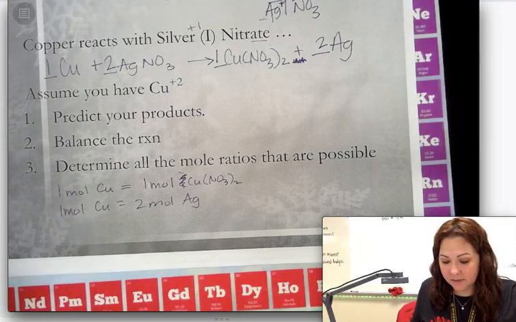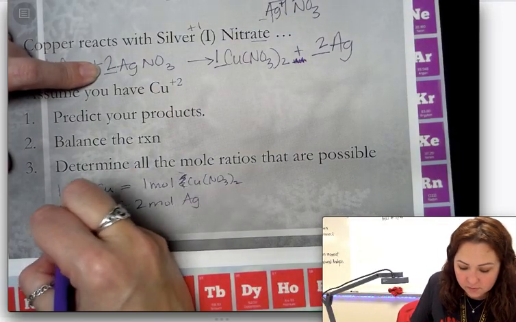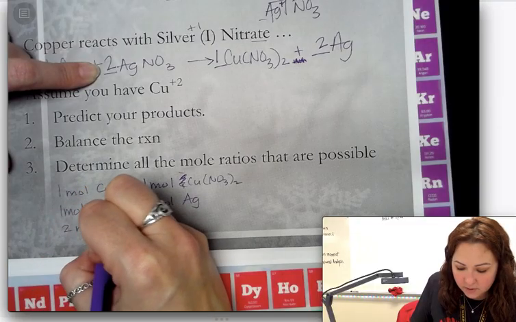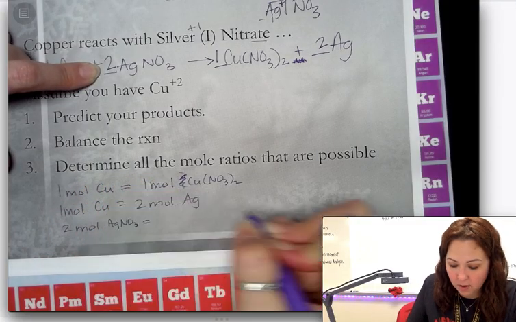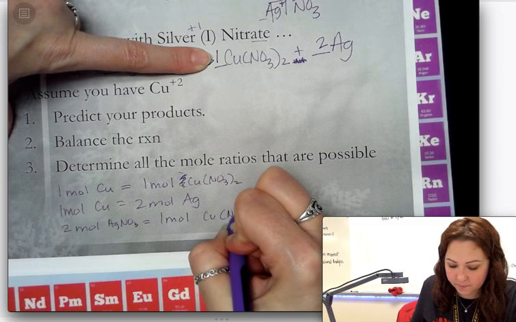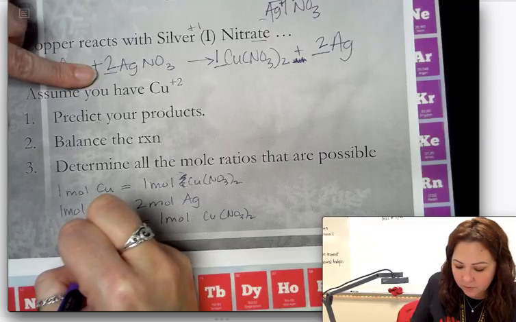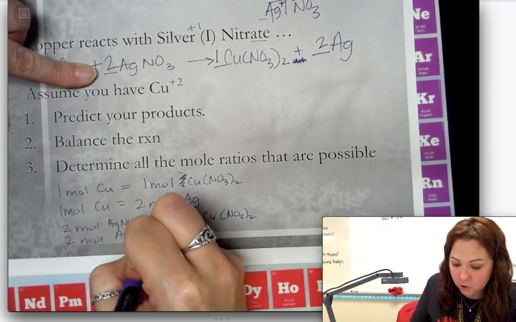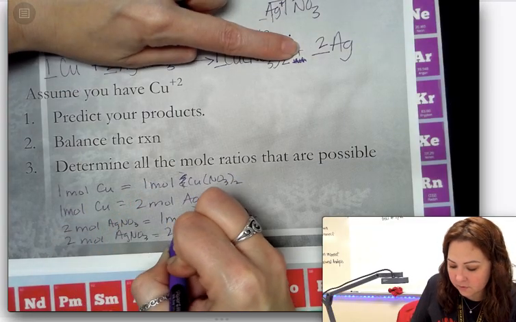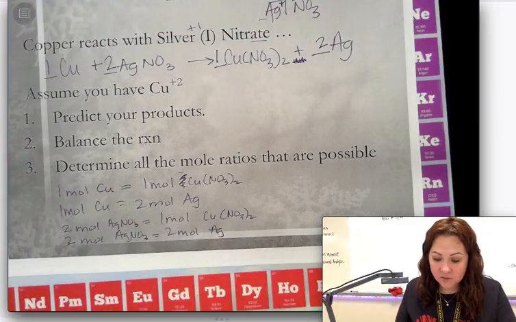Now another possibility, looking at my reactants versus my products: for every 2 moles of my AgNO3, I'm going to produce 1 mole of my Cu(NO3)2. Same thing, for every 2 moles of my AgNO3, I have 2 moles of silver. Now I have my reactants versus my products.